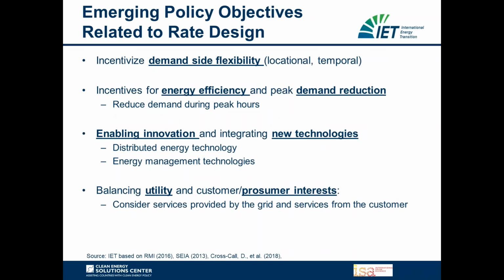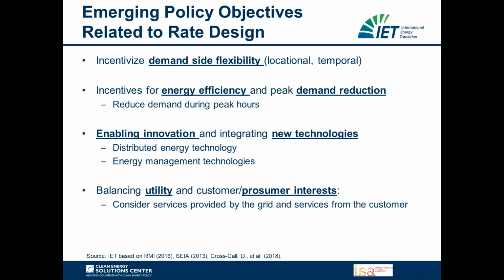Now we're looking at some of the emerging policy objectives, which have been discussed and implemented in many jurisdictions around the world, let's say in the last 5, 10, 15 years. And this is, first of all, an incentive for demand-side flexibility, as we have just discussed in modern power systems with higher shares of variable renewable energies. You might want to consider locational and temporal incentives in order to increase the flexibility also from the demand side.